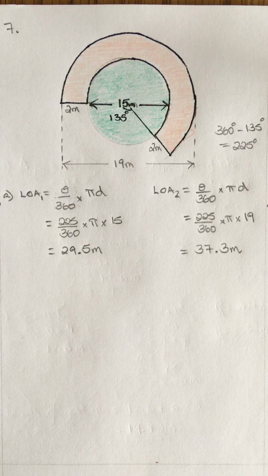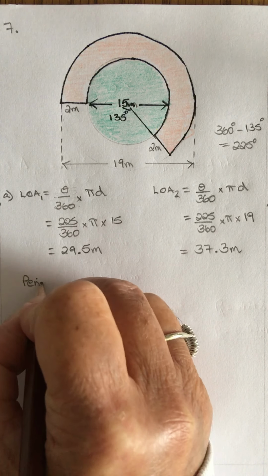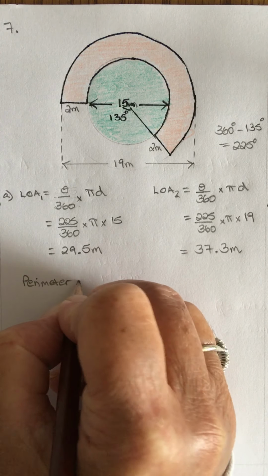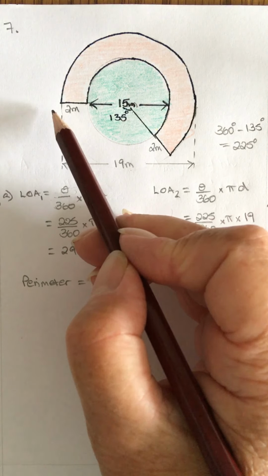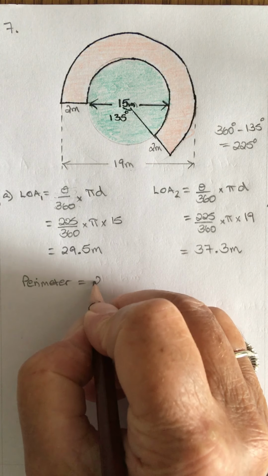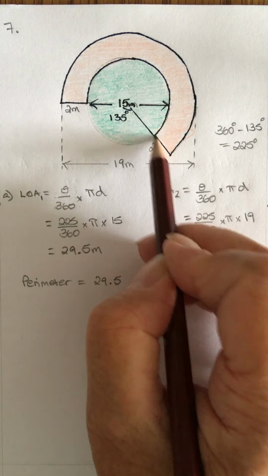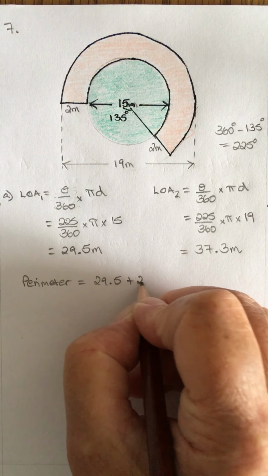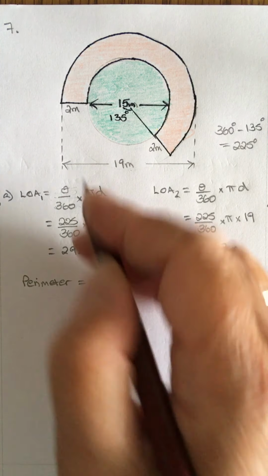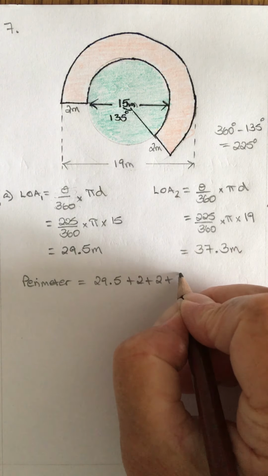We're trying to work out the total perimeter of the path, so perimeter is going to equal this wee bit here, 29.5, these wee bits here and here, so plus 2 plus 2, and then the bigger bit round the outside there, 37.3.